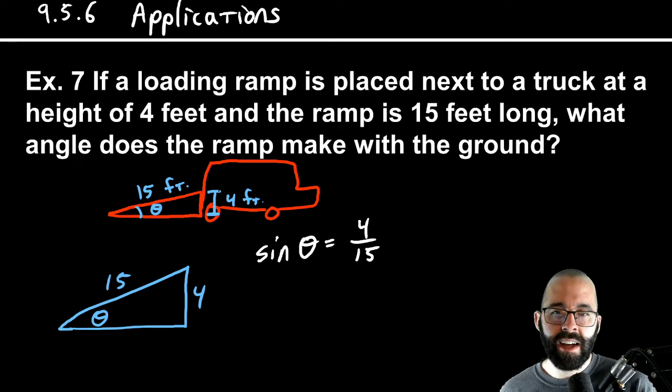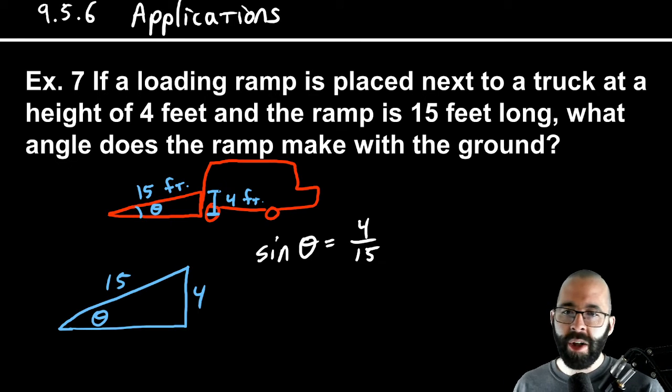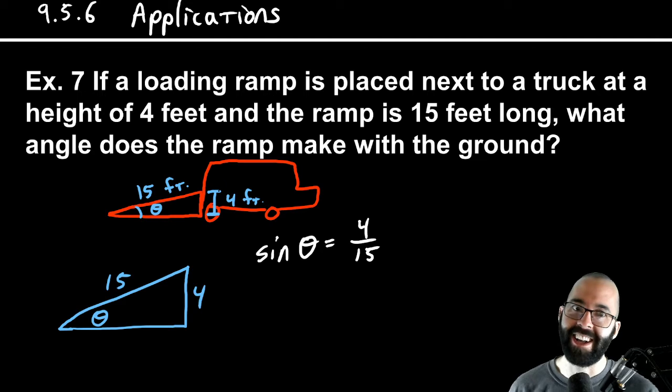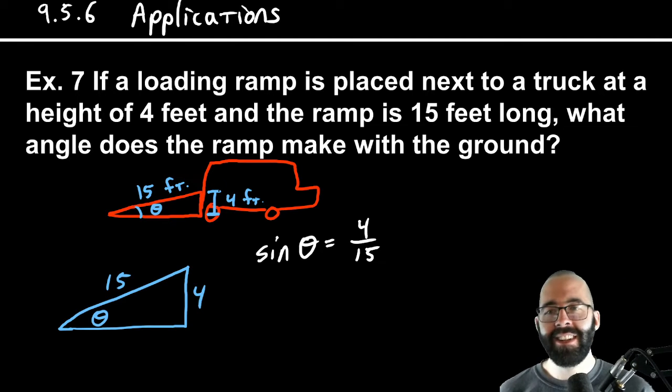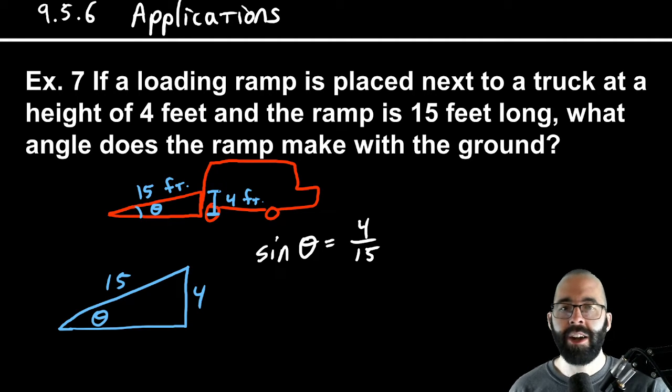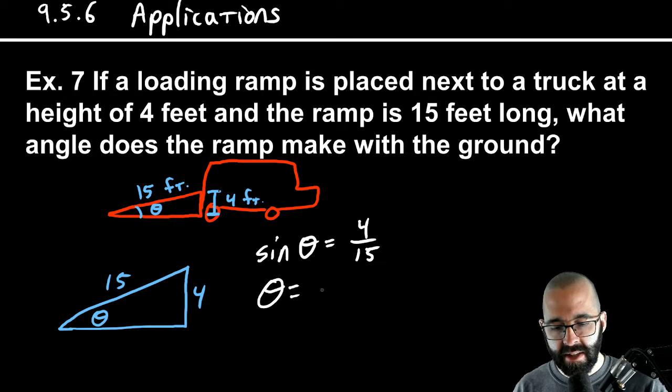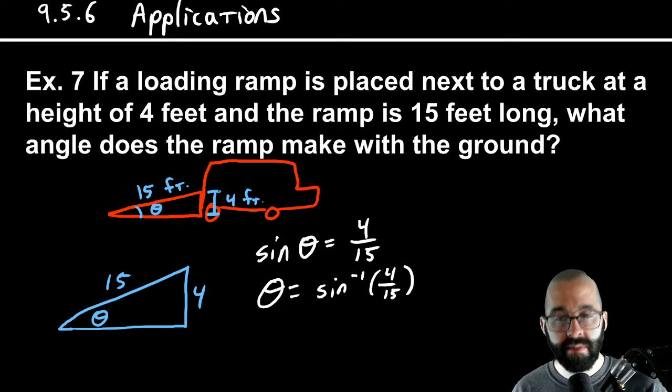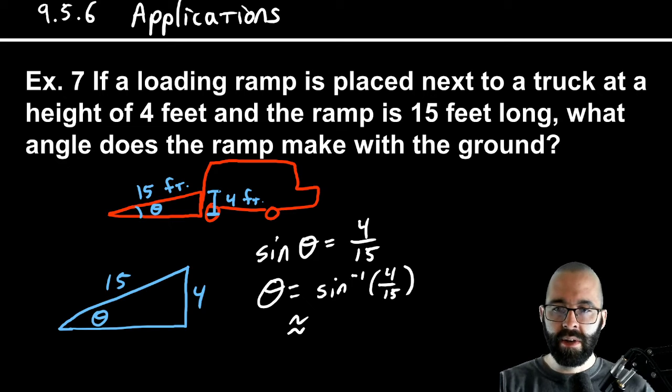We can't find this exactly. We don't have to worry about all the weird answers, because this is real life, and real life has weird answers. In these physical problems, usually we care about angles in the first quadrant. So in this case, it is just going to be the inverse sine of 4/15. Let's write it in degrees.